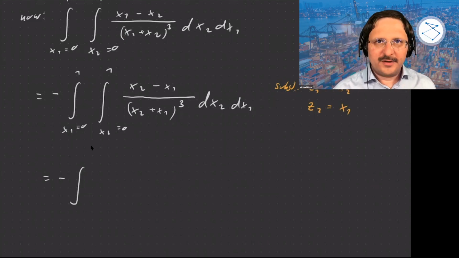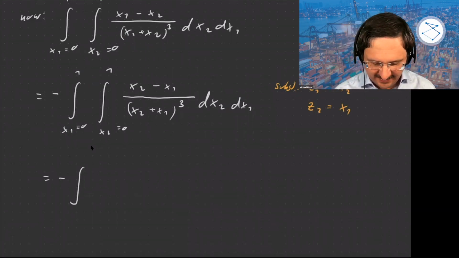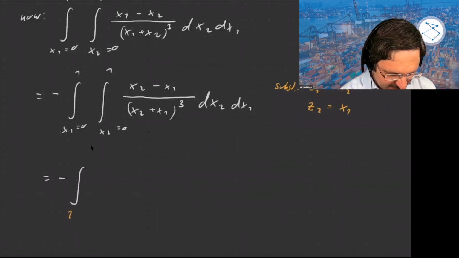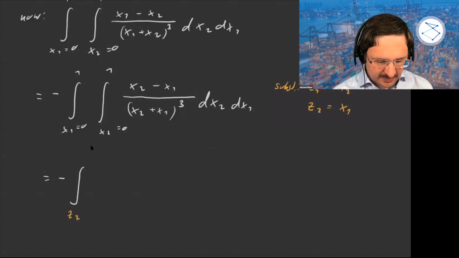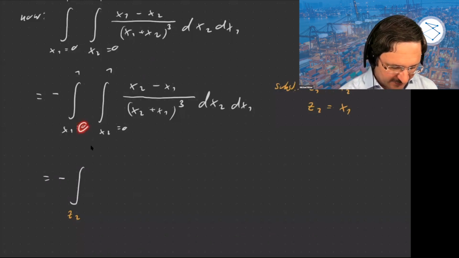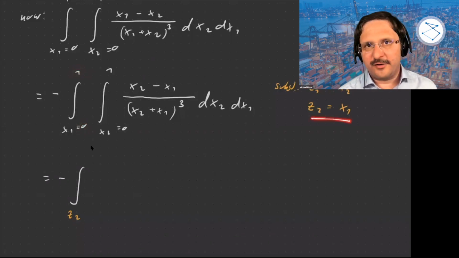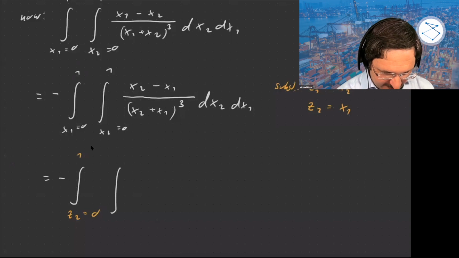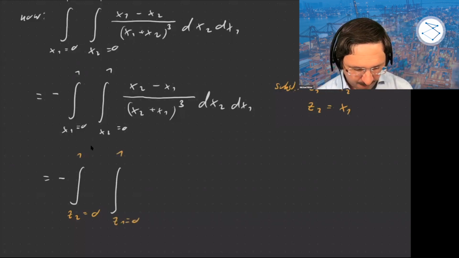But what it does do is change the naming. So instead of x1, we would now write c2. And if we substitute the boundaries 0 and 1, of course, c2 has the same boundaries as x1 has. So that's 0, 1. Then the inner integral becomes c1 from 0 to 1.